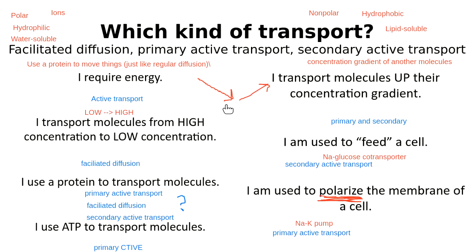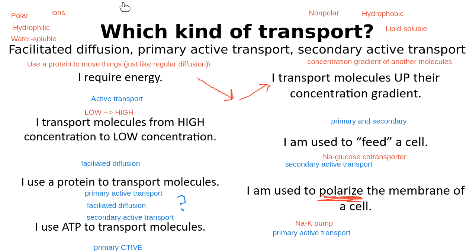So when we talk about secondary active transport, could technically group it with both of these statements, right? Because both things happen in secondary active transport. So what we need to make sure we know about secondary active transport is one of the things that we're moving with it is going from high concentration to low concentration. That's giving the energy for the other thing to go from low to high or to go up.